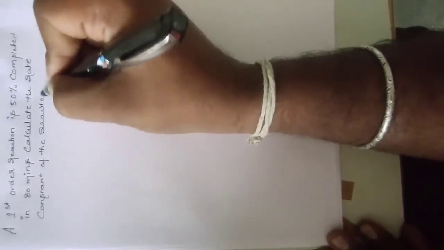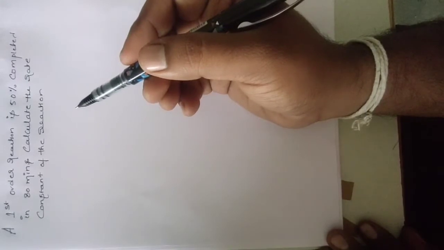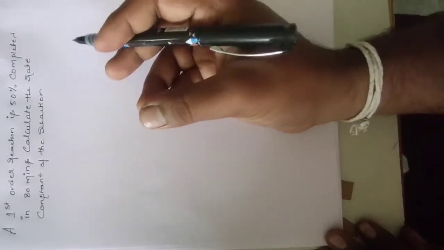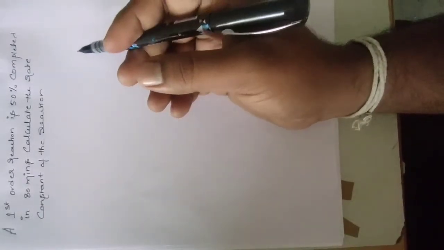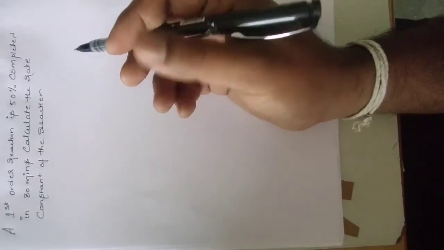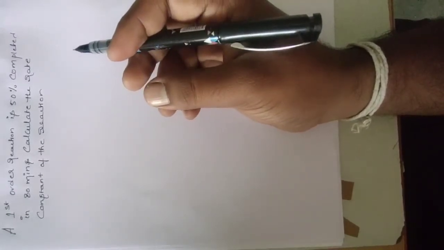Calculate the rate constant of the reaction. First order, calculate the rate constant. They have given that the first order reaction is 50% completed in 80 minutes.